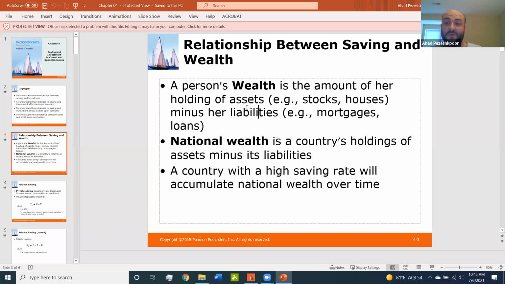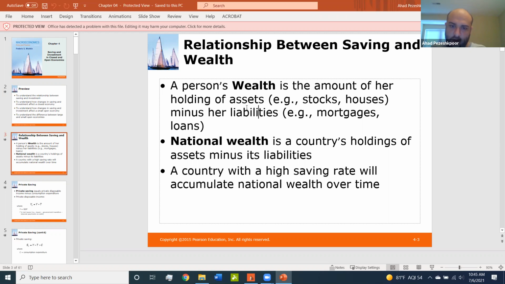This is the term we use, bankruptcy. When your assets are lower than your liabilities, you're bankrupt. This is when we say, for example, I went bankrupt. That means if I sell everything I have, I would still not be able to pay back all my liabilities, all the loans I took, all the debts I have.